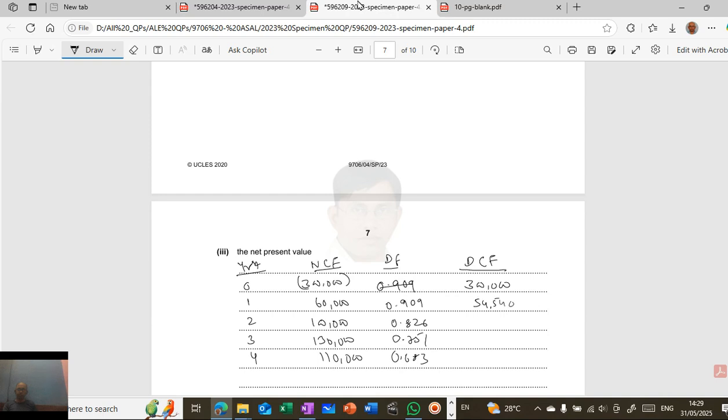Then it will be 82,600. Then it is 130,000, giving 97,630, and then 110,000, giving 75,130.